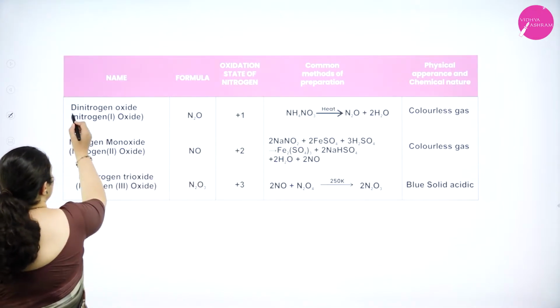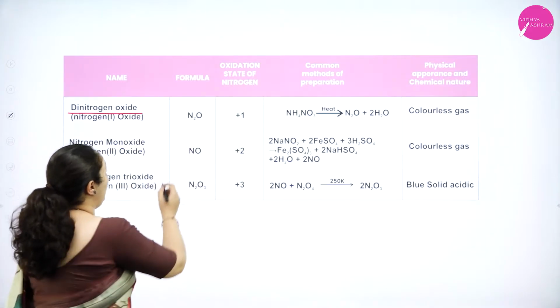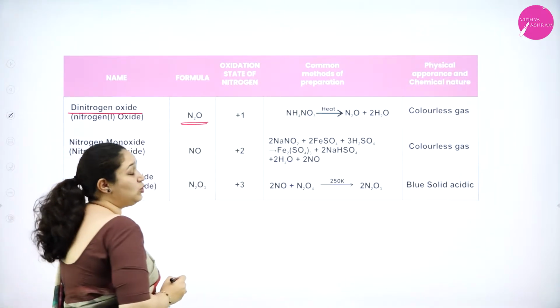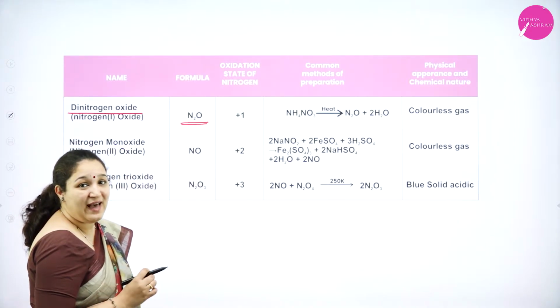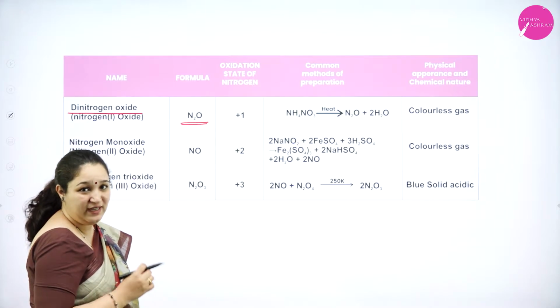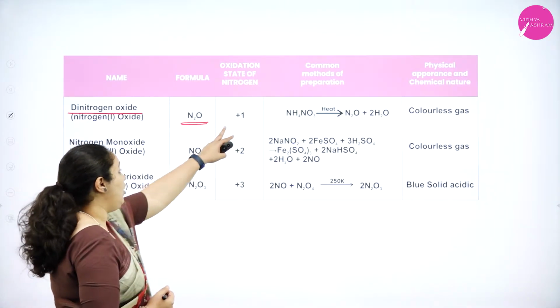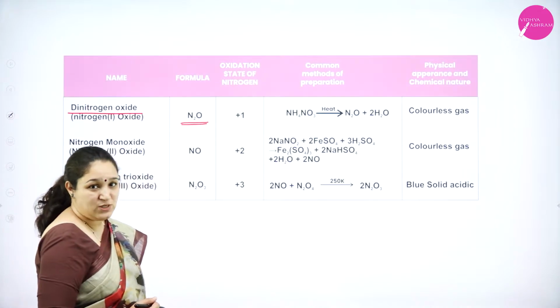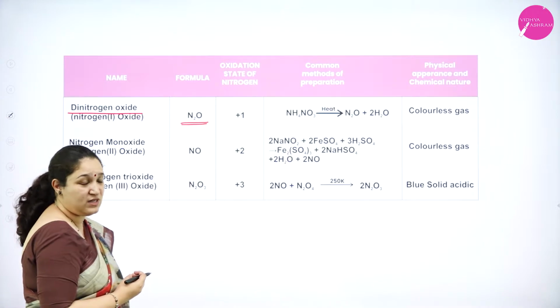The first oxide which we have is dinitrogen oxide. Formula is N2O, and this is also called laughing gas. It's nitrous oxide, which is also called laughing gas. The oxidation state is +1. I hope you remember how to calculate the oxidation state.